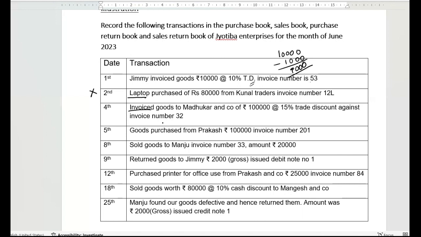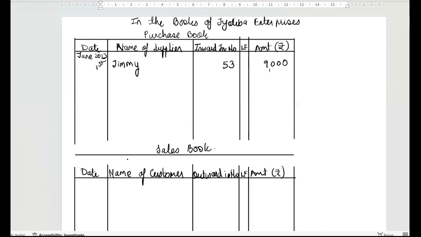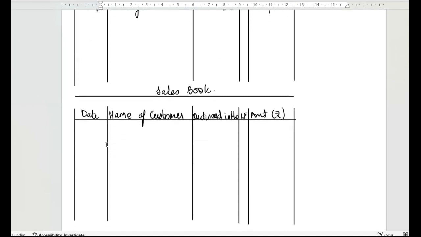Now, there is nothing mentioned about whether Madhukar and Company has made the payment. Is there any cash discount given? Nothing. So basically Madhukar and Company is the customer and we are making sales on credit against invoice number 32. So let's record this Madhukar and Company on 4th in the sales book.